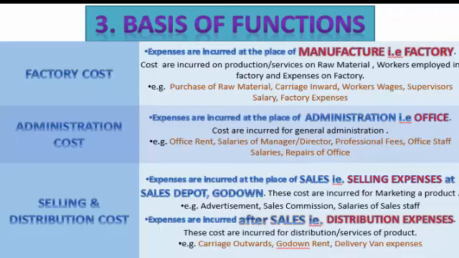Now, godown rent. A godown is also a place where the finished goods are stored before delivery to the customers. Delivery van expenses. This van is used for distributing a product to the customers. Now, these all are called selling and distribution cost.